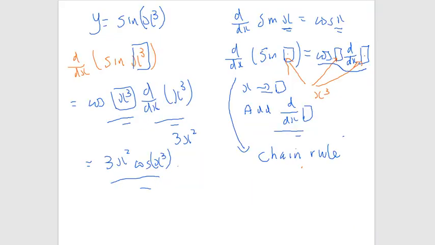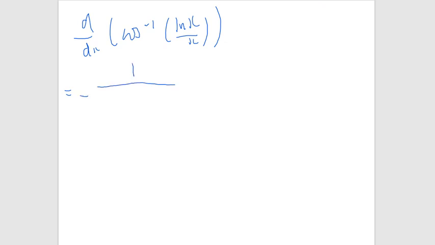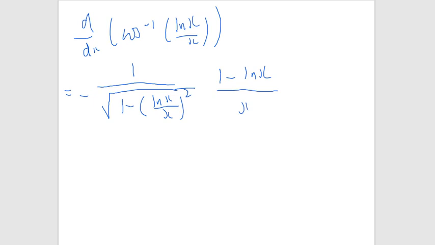So that means d/dx of cosine inverse ln x over x, after you apply the formula, is minus 1 over square root of 1 minus ln x over x squared, then times d/dx of ln x over x, which gives 1 minus ln x over x squared.